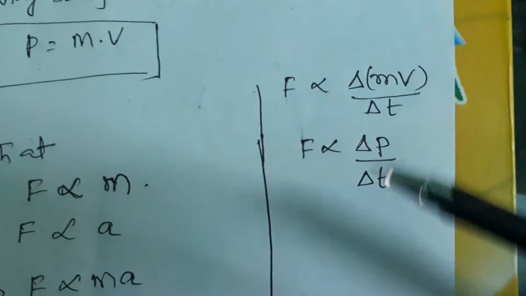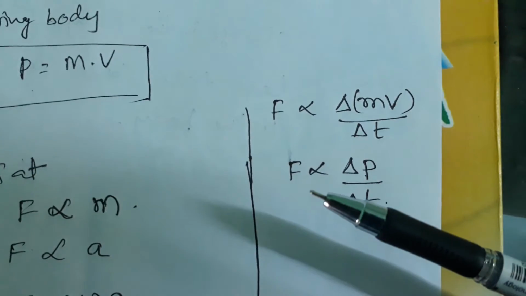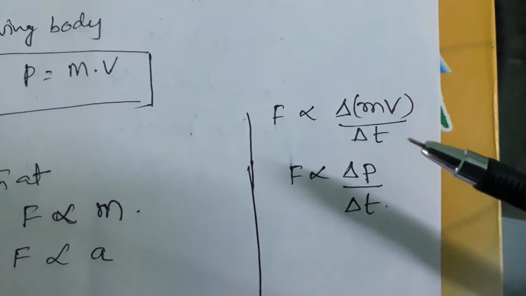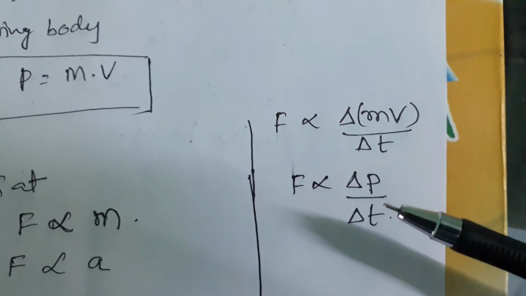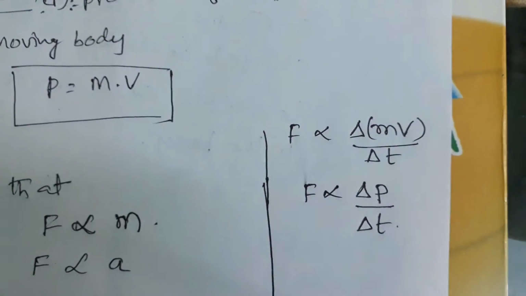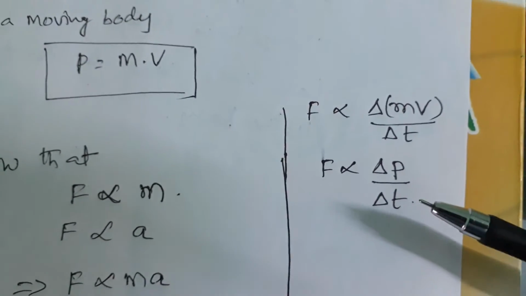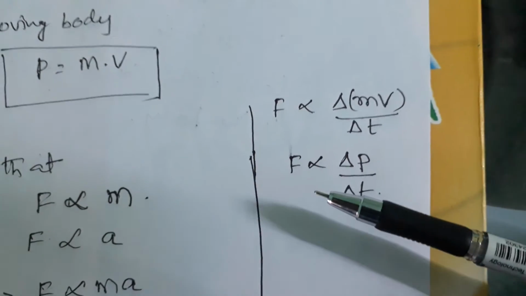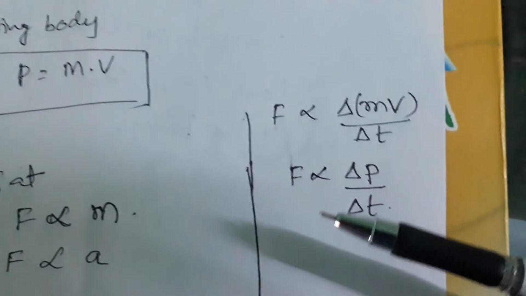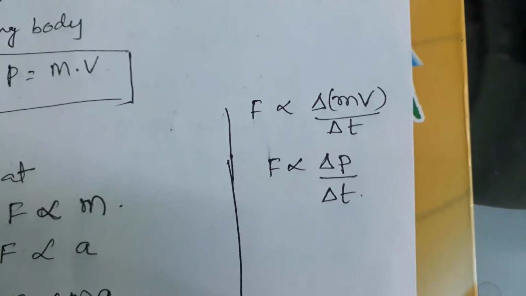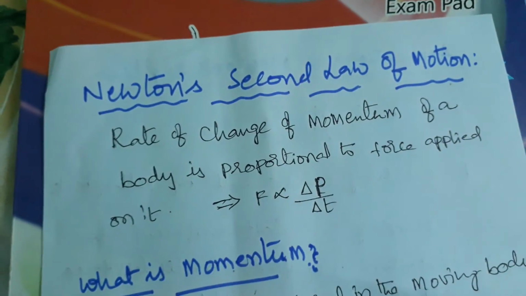So the rate of change of momentum of a body depends on the applied force on the body. This is Newton's second law of motion.